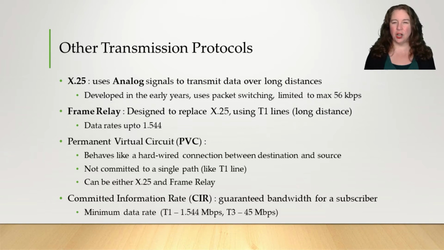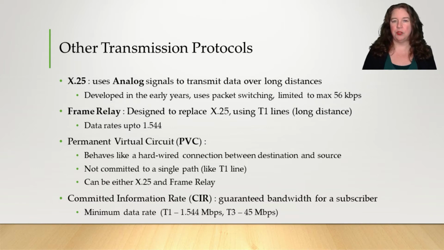It behaves like a hardwired connection, kind of like a T1 line, but it isn't committed to a single path. So it creates a connection between two locations, a permanent circuit, but it's virtualized, and it allows it to use multiple destinations or multiple paths, so it isn't a straight path like a regular T1 line.